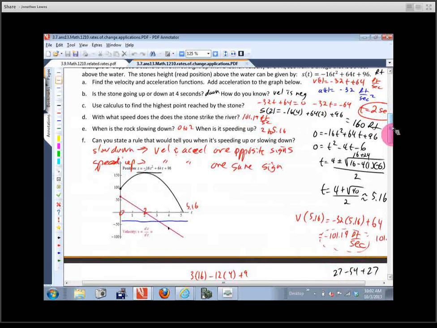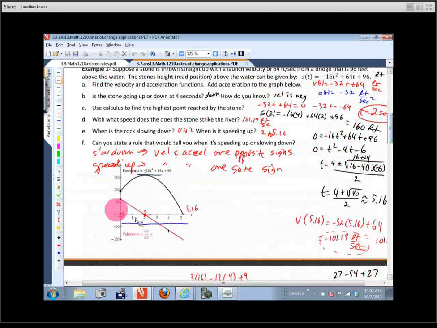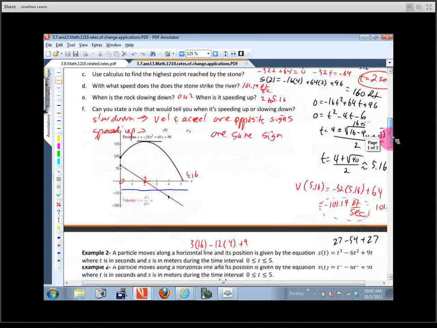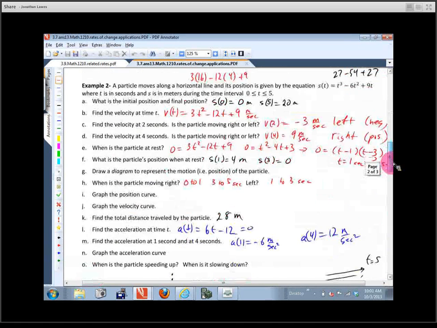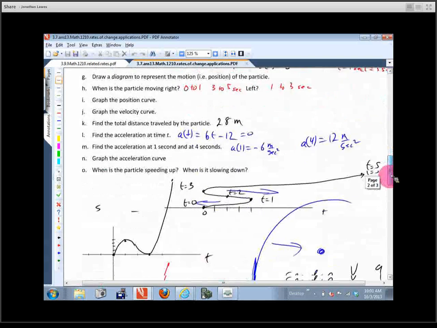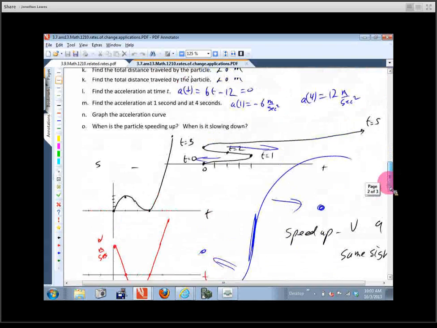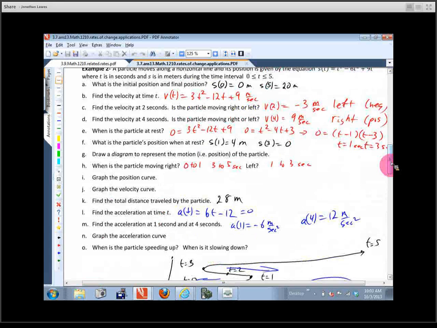We went through and talked about how each one of these graphs are related, the position function, the velocity function, and the acceleration. We talked about how you could tell when things are speeding up, slowing down. And then we did a more abstract example, where we just had a particle moving along a line. Again, we call that rectilinear motion.